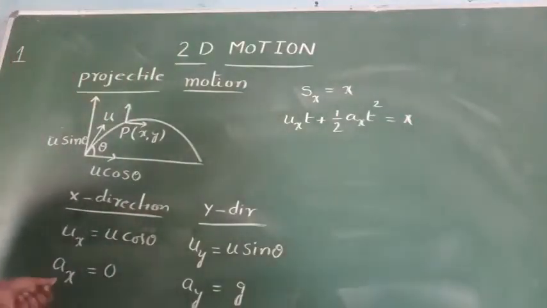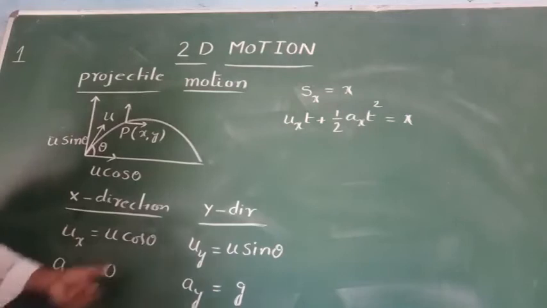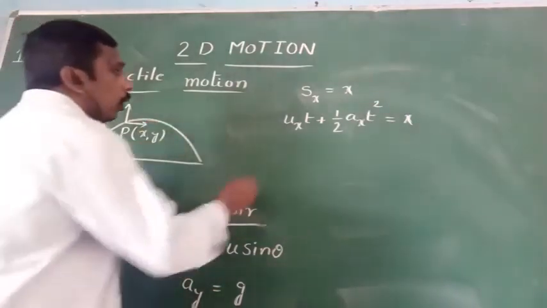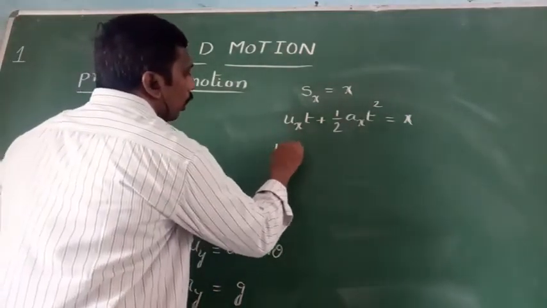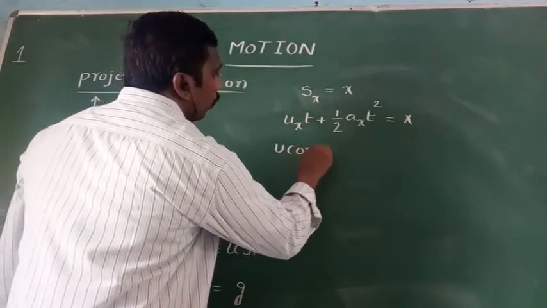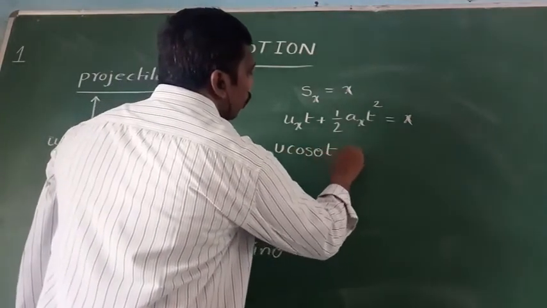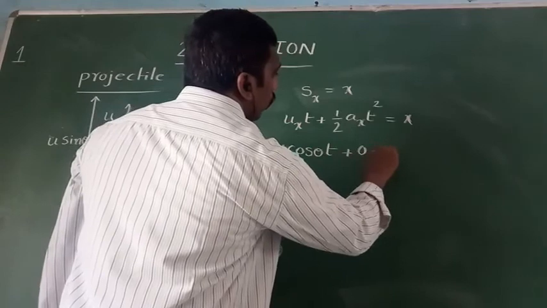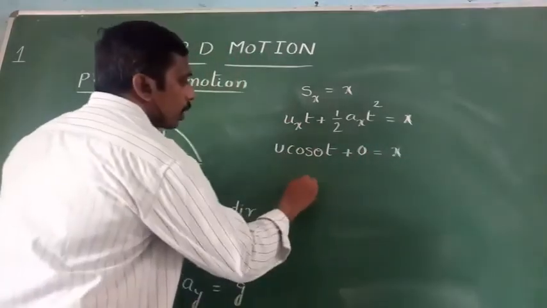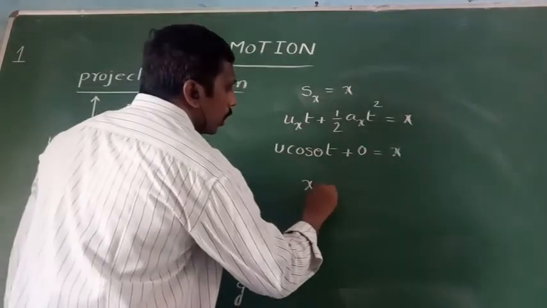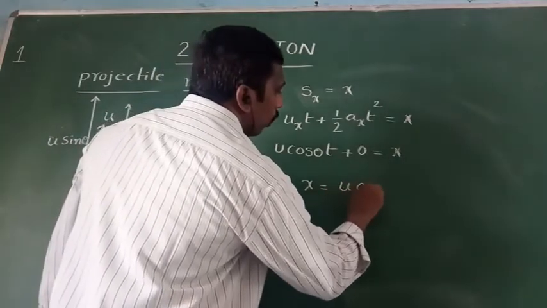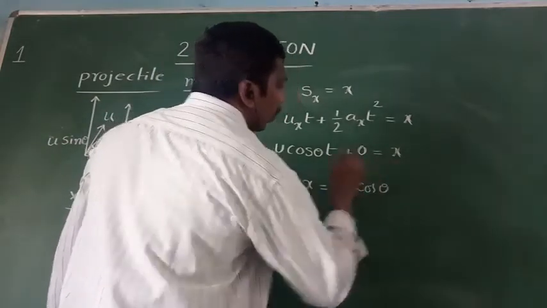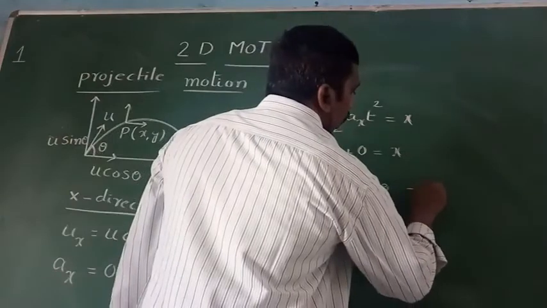But the acceleration along the x direction is equal to 0. Substituting, ux is equal to u cos theta. So u cos theta into t plus 0 is equal to x, where x is the displacement along the x-axis. So x is equal to u cos theta into t. Say this is equation 1.